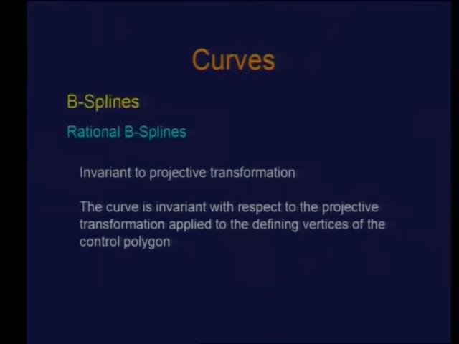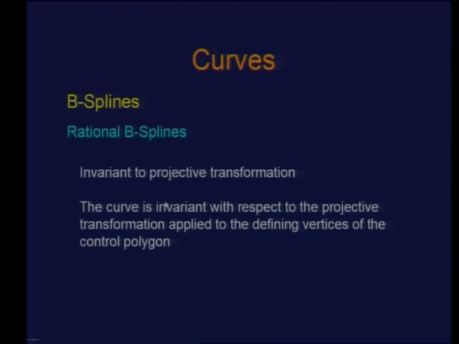Now, if you look at the construction of rational B splines, the way these are constructed, when we are assuming these h i's to be some sort of a homogeneous coordinate for the control points of the B splines, right, then the process itself shows, because what we are doing is taking the projection of those curves defined in a higher space, right, 4D space in the case of 3D space curves, or 3D space in the case of 2D plane curves.